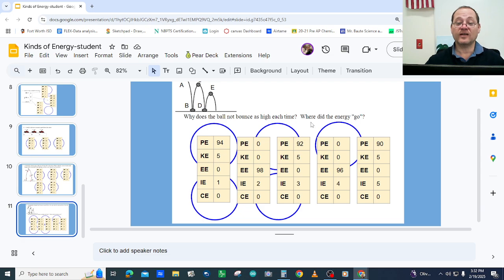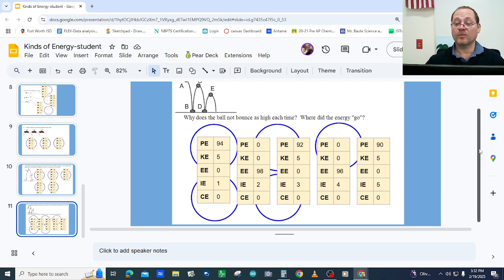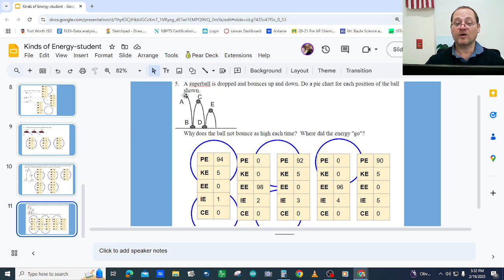So just notice how the numbers are reflecting what's going on in the picture. From A to C to E, the potential energy should be less and less, since it's not gaining the same height. It's losing height. So it goes from 94 to 92 to 90.